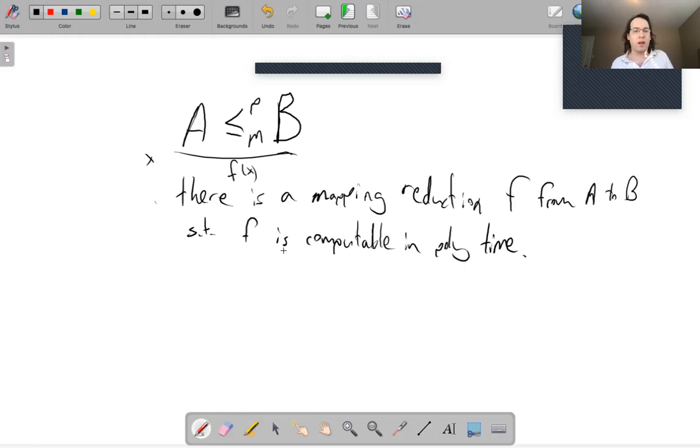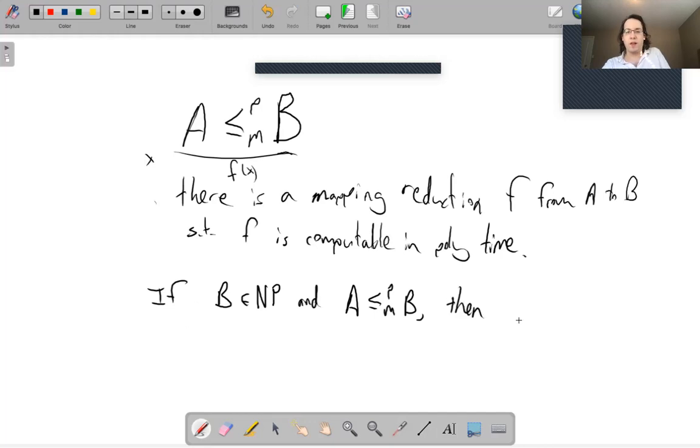So this is the notion of polynomial time reduction. Note that if B is in NP and we have a mapping reduction from A to B, then A is in NP.